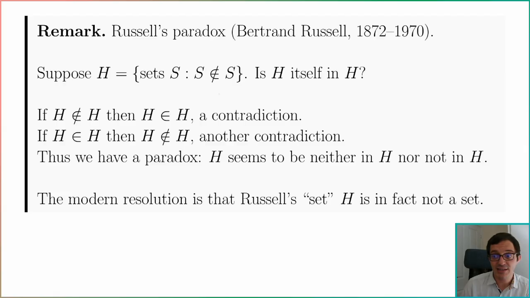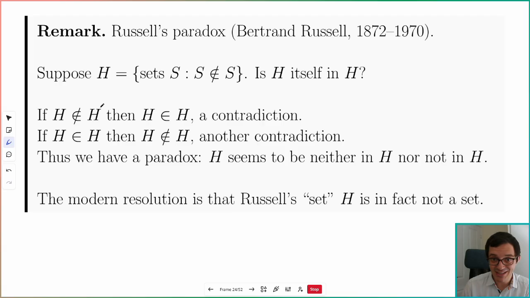The question is: is H itself in H? Is it an element of itself? If not, then it meets precisely the condition to be an element of this set. It does. S is not in S when S is equal to H. H is not in H. So it would be an element.